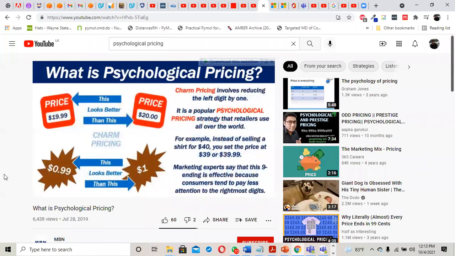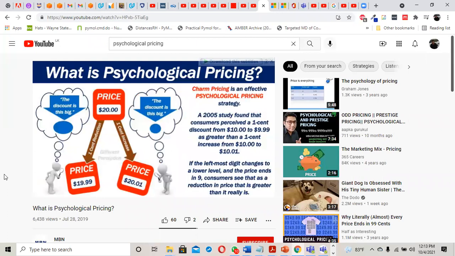Charm pricing involves reducing the left digit of a price by 1. It is a popular psychological pricing strategy that retailers use all over the world. For example, instead of selling a shirt for $40, you set the price at $39 or $39.99. Marketing experts say that this 9 ending is effective because consumers tend to pay less attention to the rightmost digits.